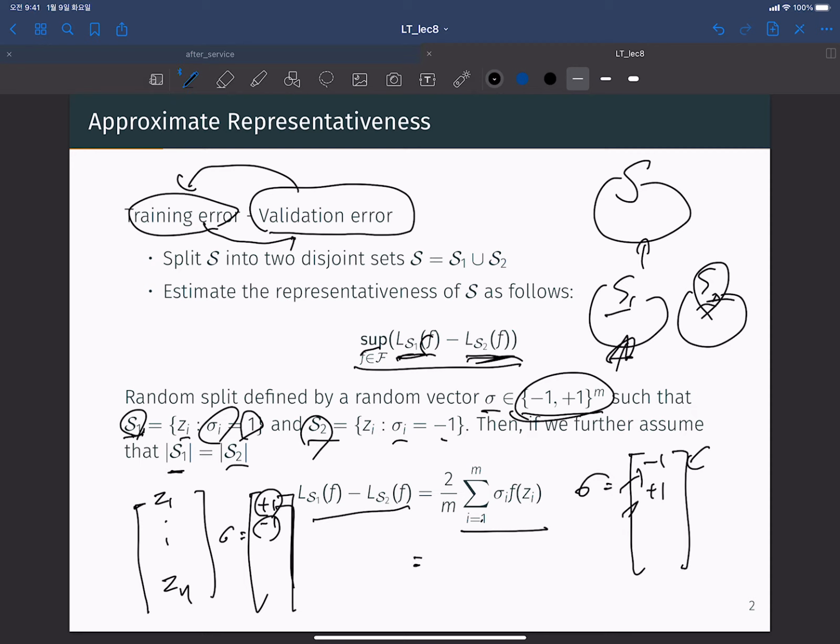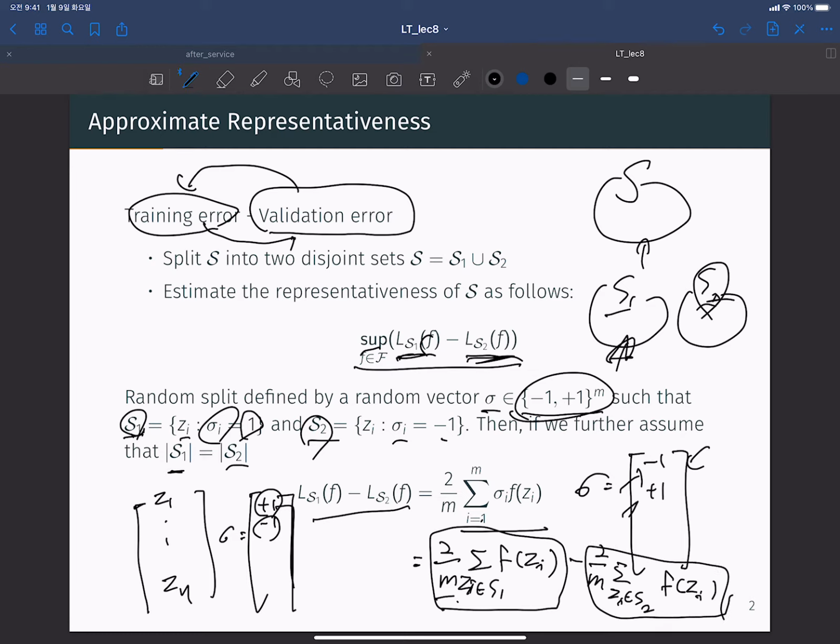Which naturally makes 2 over m, this is the cardinality of set 1 and set 2, times the summation of f(z_i) where z_i belongs to set 1, minus 2 over m times the summation of f(z_i) where z_i belongs to set 2. So this is the empirical loss with respect to set 1, and this is the empirical loss with respect to set 2, which is exactly the definition of approximate representativeness.